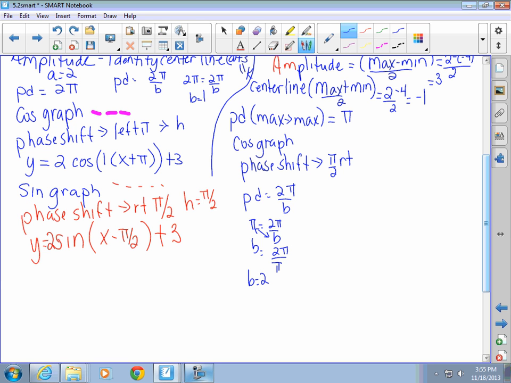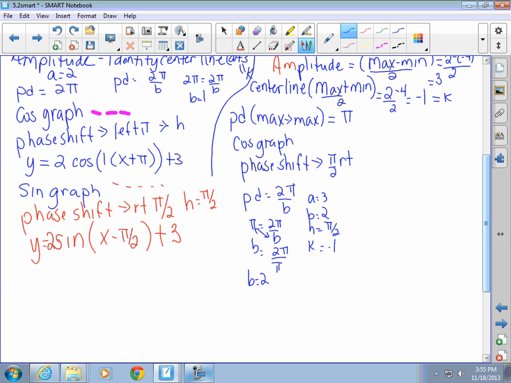So my A is equal to 3, my B is equal to 2, my H I found out here was pi over 2 to the right, my K was from that center line, went down -1.